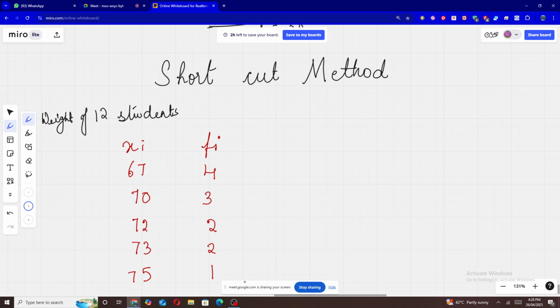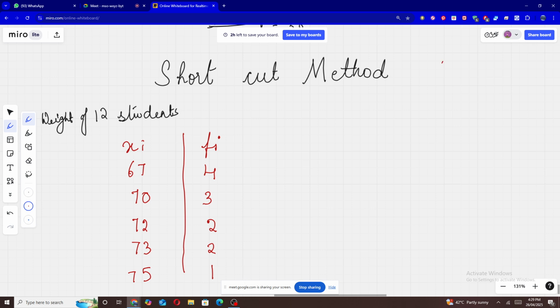See guys, in the shortcut method, a new variable is introduced which is called the assumed mean. What are we finding?